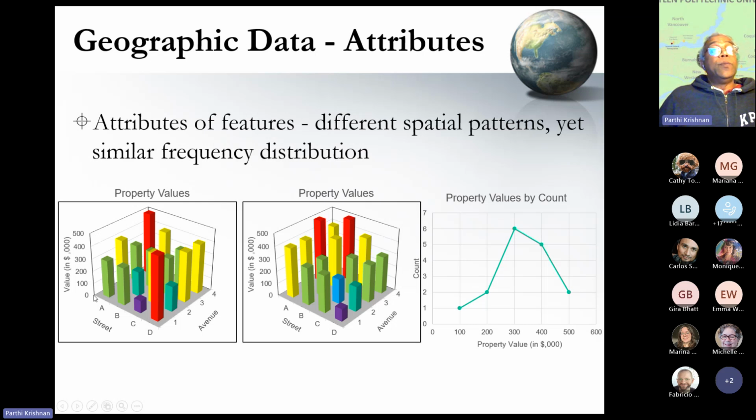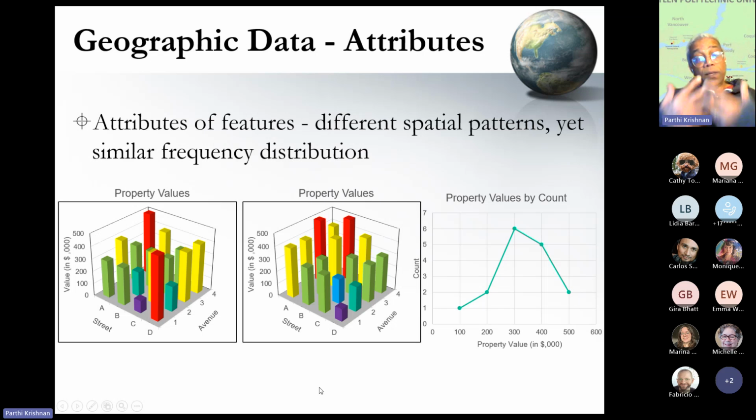Conversely, we can also have the other issue where the locations are all the same. So in this example, we have streets and avenues. So all the properties are aligned in a 4x4 grid with 16 locations. However, the values found in those 16 locations can be different. So in this simple example, I'm using property values. And again, you can see how the property values are very different between the one on the left and the one on the right. Despite all of this, the actual distribution of the property values by count is identical.